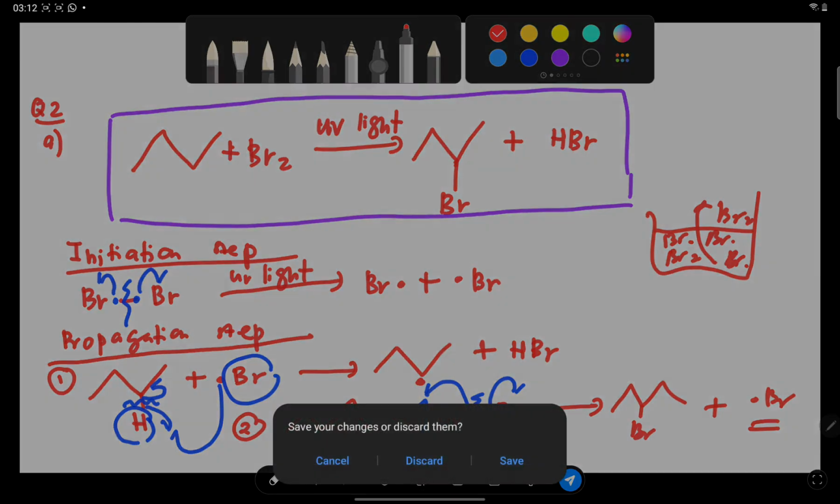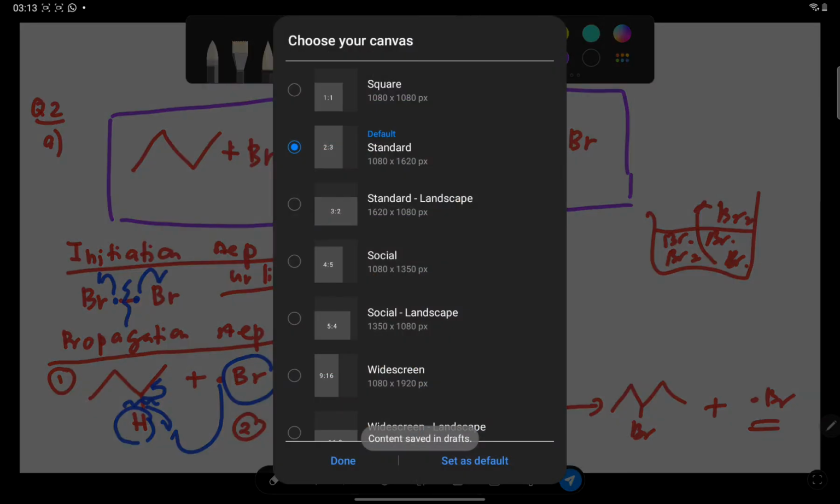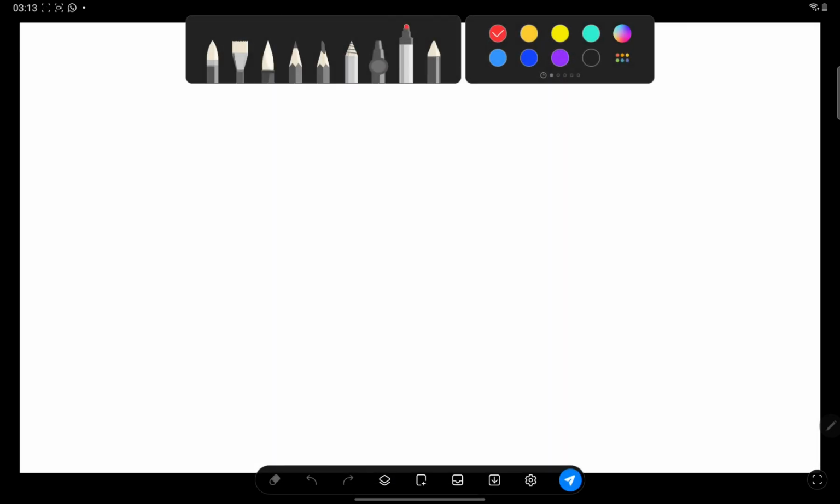After that, we proceed with the termination step. Normally the termination step involves 3 steps.